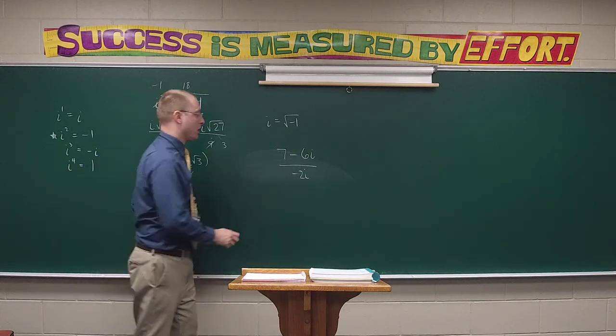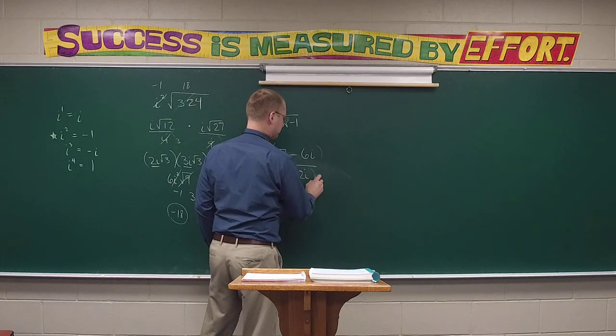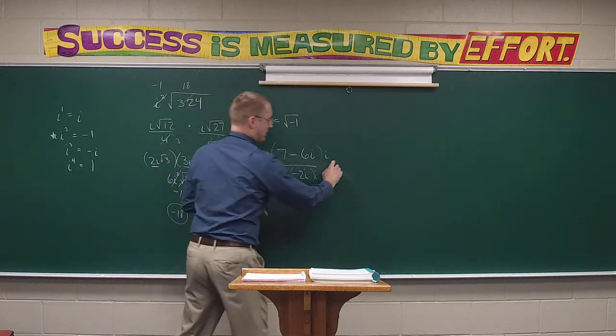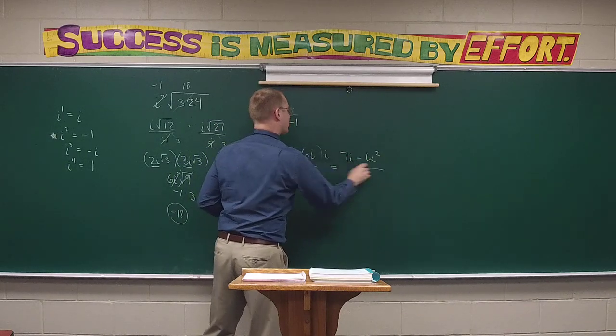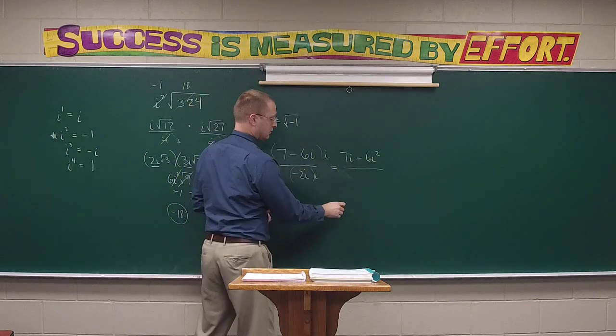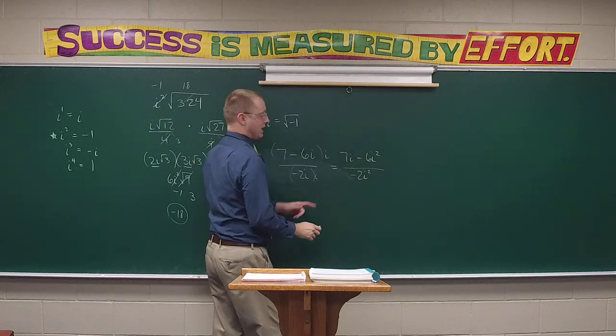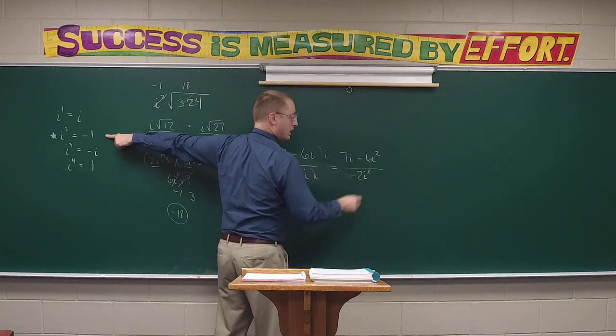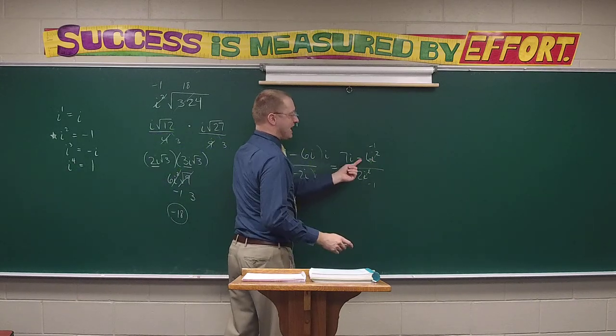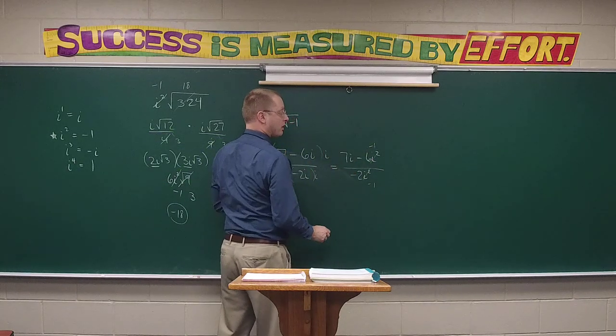Multiply everything by i. Multiply top and bottom by an i. In the numerator, Abby, that's going to give us 7i negative 6i squared. And in the denominator, -2i squared. Now, here, in both cases, i squareds, class, become -1. So instead of a -6, -1, class, that's just +6.